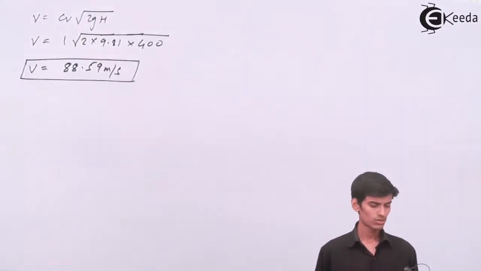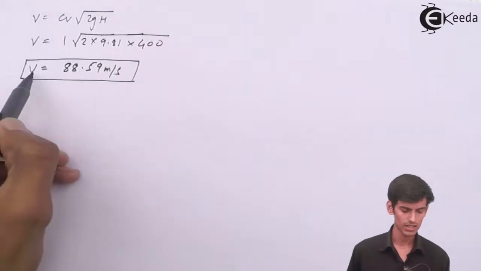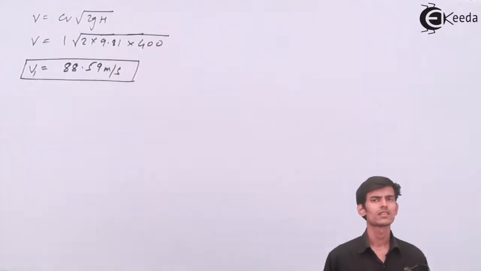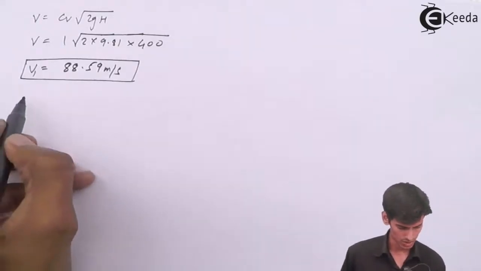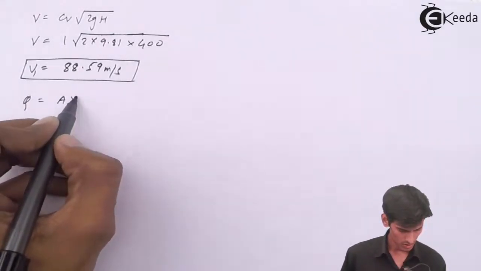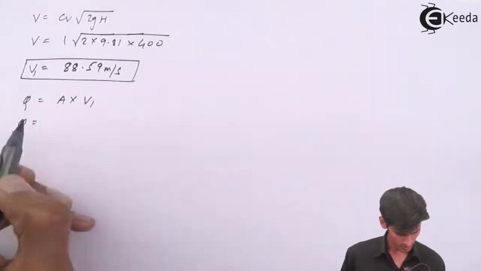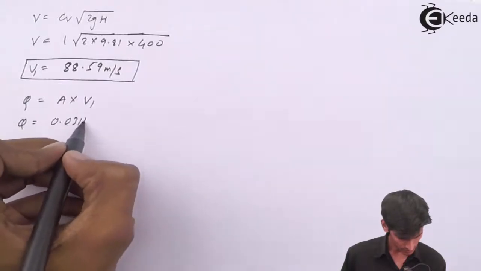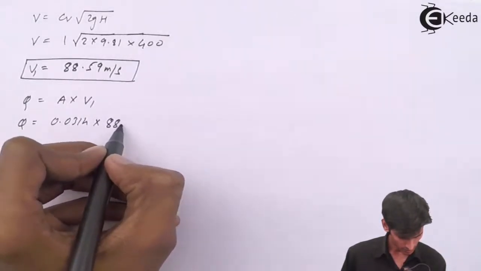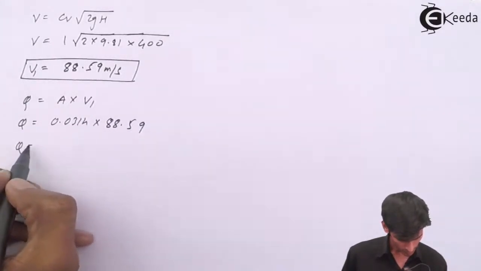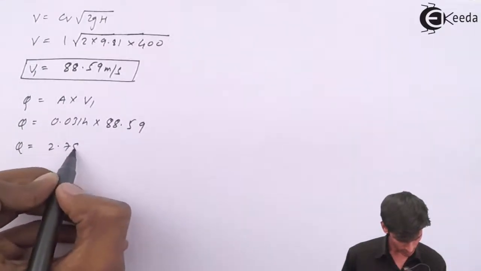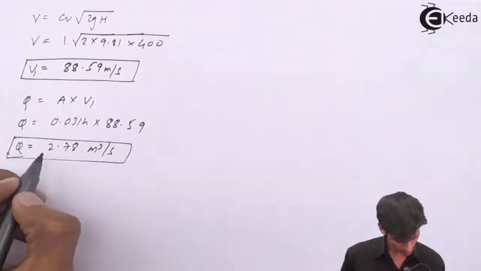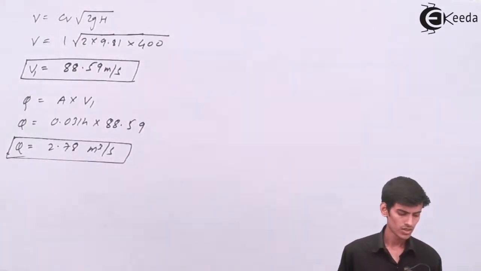So we've got the value of V, that is the velocity at the inlet, V1. We've got the area. So the next thing is to calculate the discharge. The discharge is 2.7.